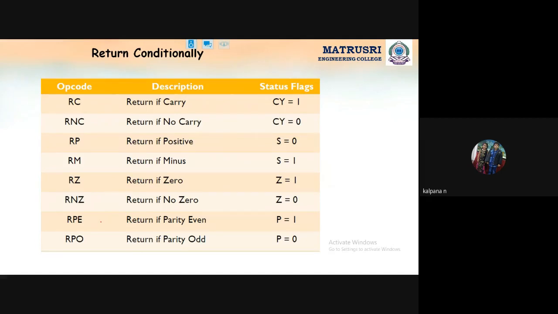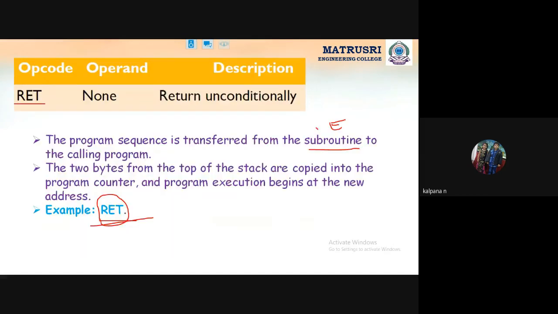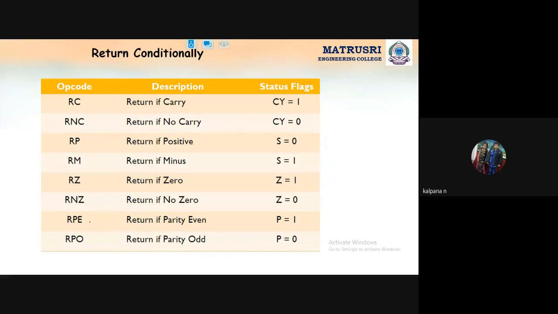Now this is unconditional, so we are not mentioning any condition. Conditionally means: we are in the subprogram, and while executing it we get a carry. Then we return to the main program with RC.